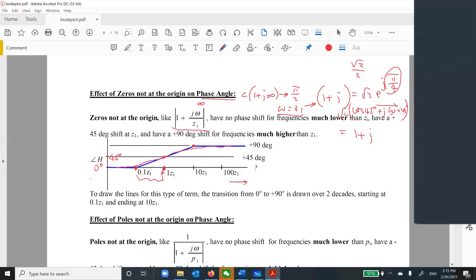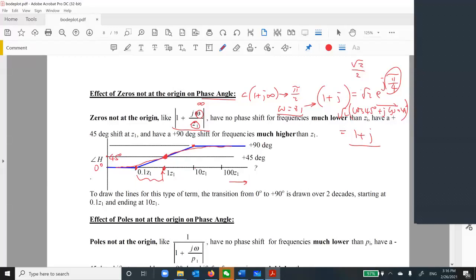It is very close, very accurate, but you need to pass this point for sure, because it's 1 plus j at this point, when your omega equals z1.